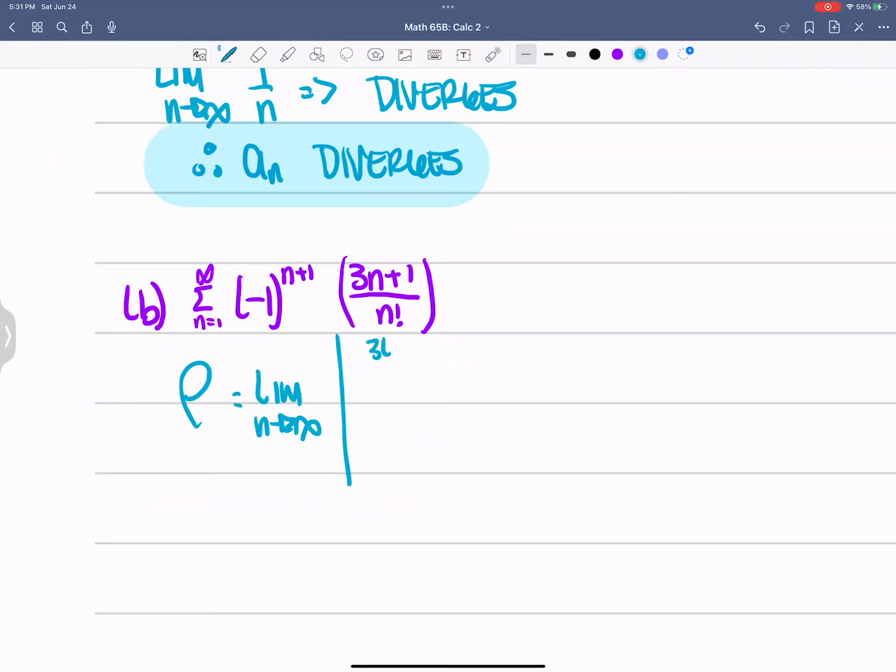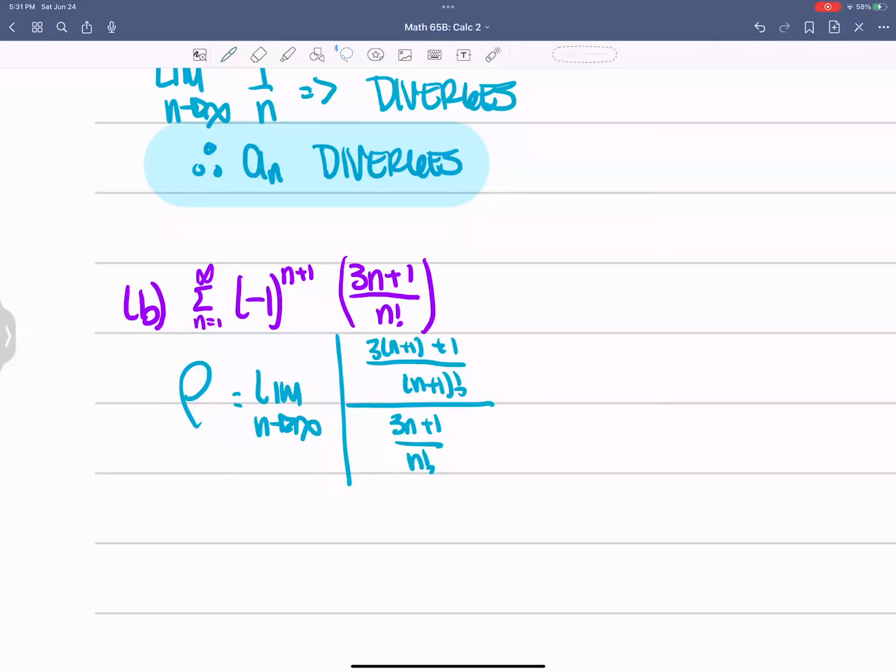So 3 times n plus 1 over n plus 1 factorial, and we're dividing that by a sub n, 3n plus 1 over n factorial.